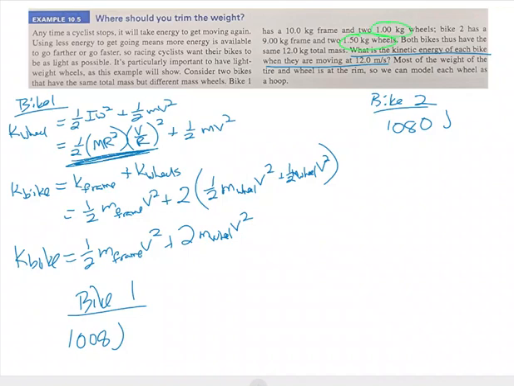Bike 1 has less mass in the wheels, so that equals lighter weight wheels. And notice that bike 1 results in less kinetic energy required to get the bike moving. It's crazy how big the difference is in half a kilogram. Yeah. So racing cyclists will want lighter weight wheels because it's easier to get the bike going.